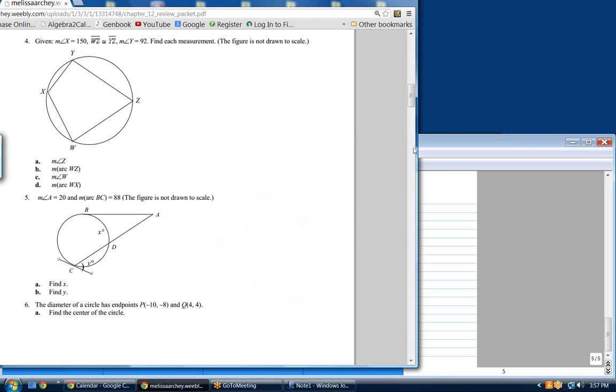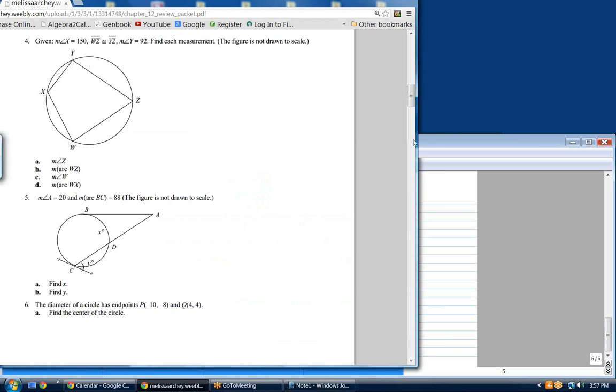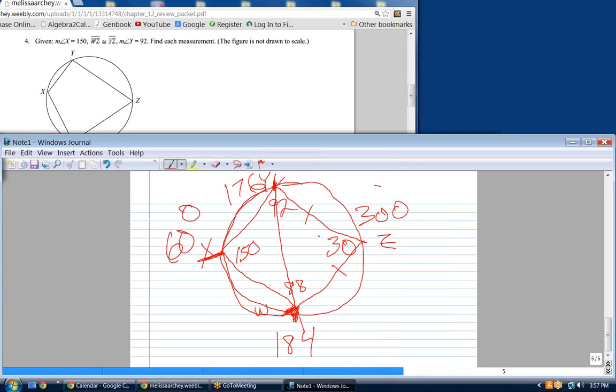Let's see, they also want angle W, which we gave them. Angle W was 88. And they want arc WX. So they've asked us for two of these arcs. They want arc WX, and they want arc WZ.